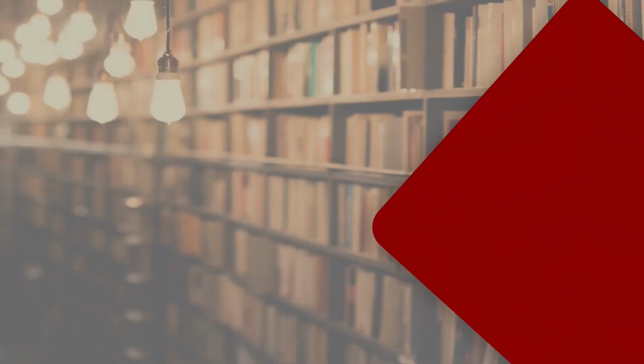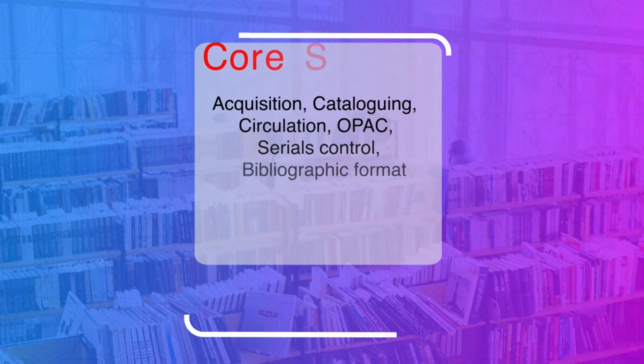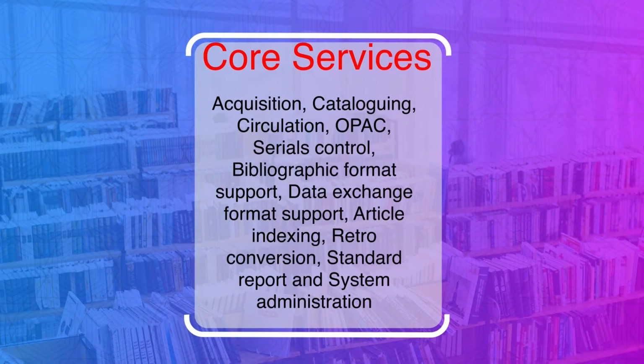So in the generic parameters, if we go by the service availability, then we can divide the entire services originated from an ILS, be it open source or be it closed source, again into 3 groups. Core services, which we need for managing most of the basic operations of a library.